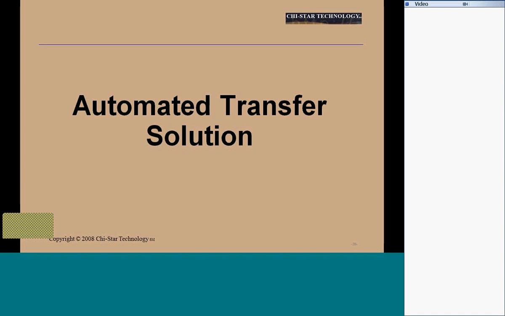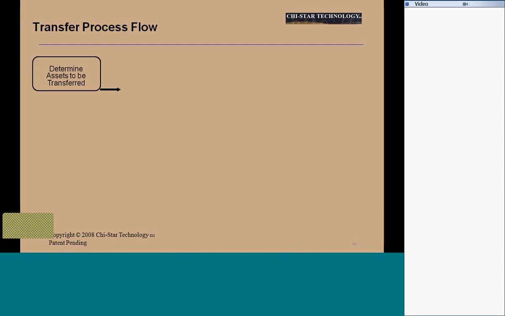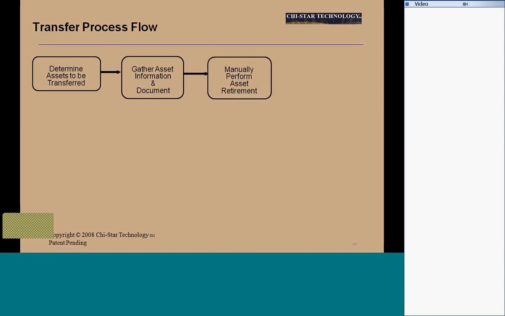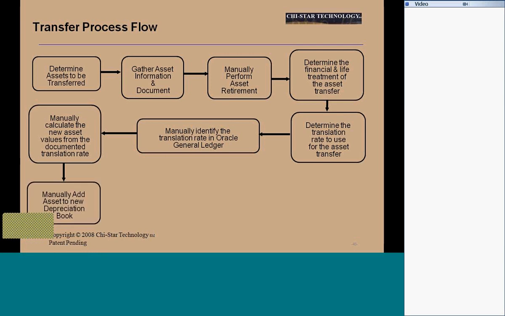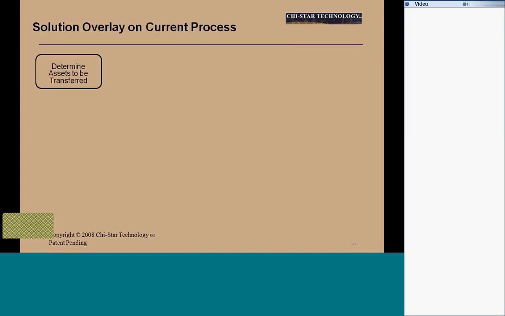If we move forward into our automated transfer solution, we'll look at the same flow chart that we looked at the very beginning. And what we're going to do, we're going to lay over what bit of this process gets eliminated during the automated process.